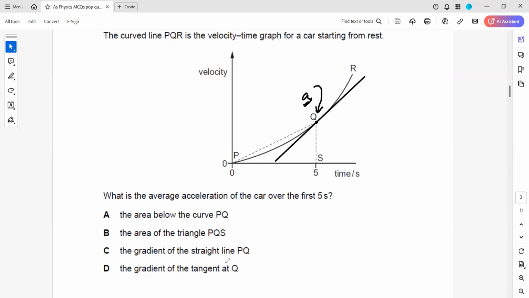But if I need the average acceleration, since acceleration is continuously changing, we draw a line from the starting point to the final point, and we take the gradient of that, and we call that the average acceleration. That's why C is the right answer for this. Is it clear? Question 4.